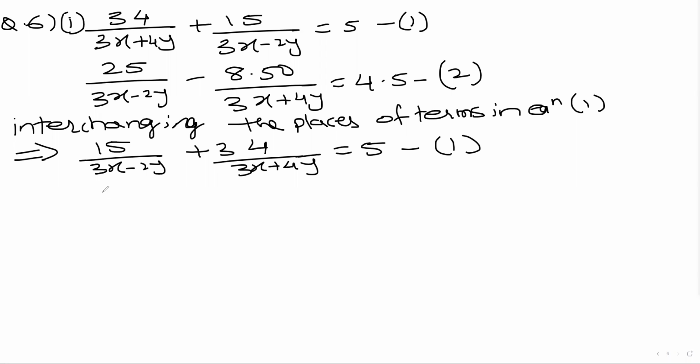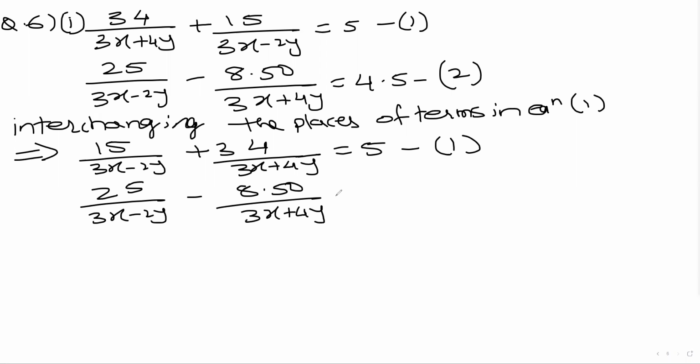Now, I'll write the second equation also: 25 upon 3x minus 2y minus 8.50 upon 3x plus 4y is equal to 4.5.